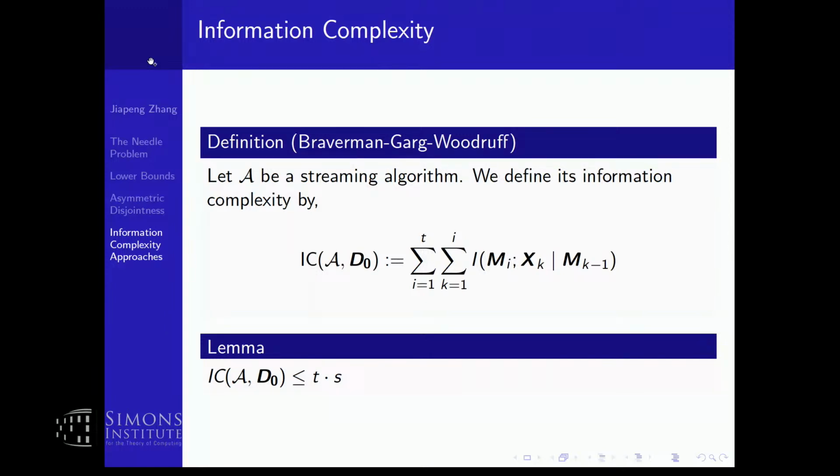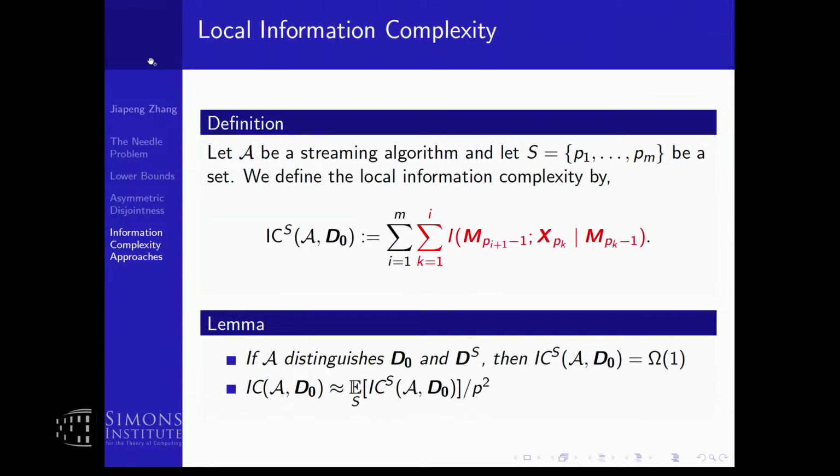This is not trivial. With the trivial upper bound, each term is at most log n, the length of x_i, and the summation is over t squared terms, so you get something like t squared. But the crucial thing here is t times s. The proof is straightforward by information theory calculations, but the design is very careful. I'm not going to show this part.